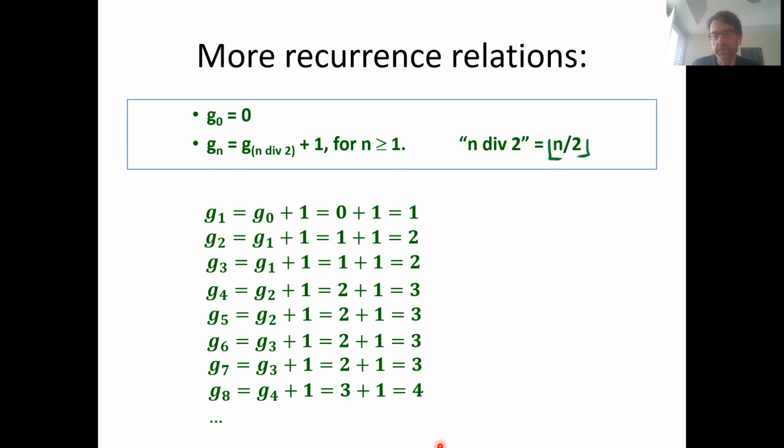It's 16 5s, and then 32 6s, and so on. So what is it? It's a logarithmic sequence. If you wanted to describe it in a closed formula, you would say that Gn is the logarithm base 2 of n with the proper rounding, so you have to put a floor.